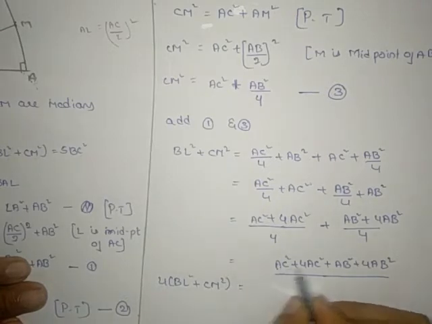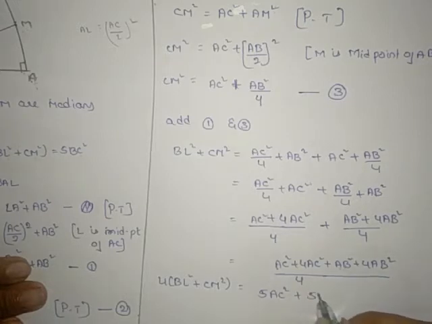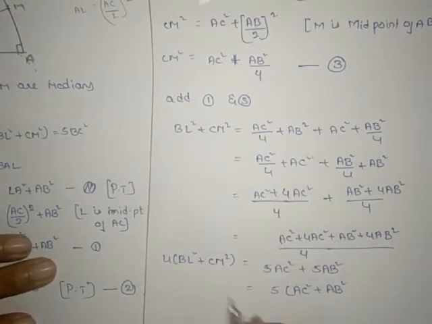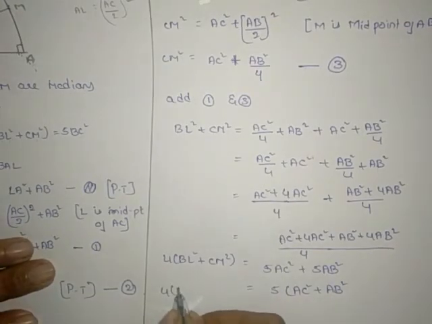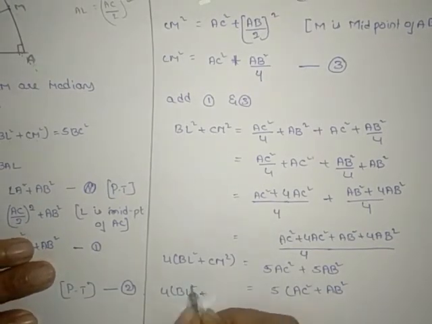Now we'll add these two and these two. We'll get 5 times AC square plus again 5 times AB square. We'll take 5 as common. Remaining is AC square plus AB square. Isn't it? Thus, we obtained the required solution.